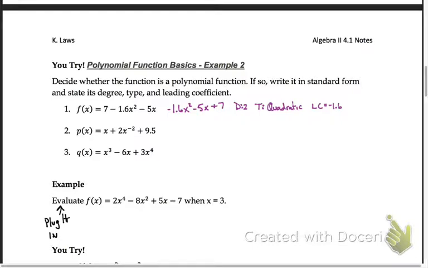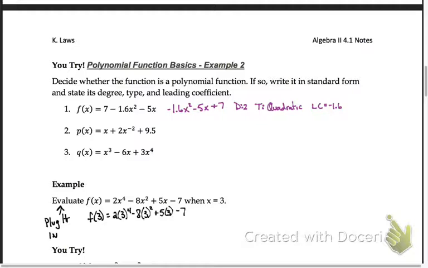So basically all I'm going to do, if I have f of 3, I'm going to take 2 times 3 to the fourth power minus 8 times 3 to the second power plus 5 times 3 and then minus 7.